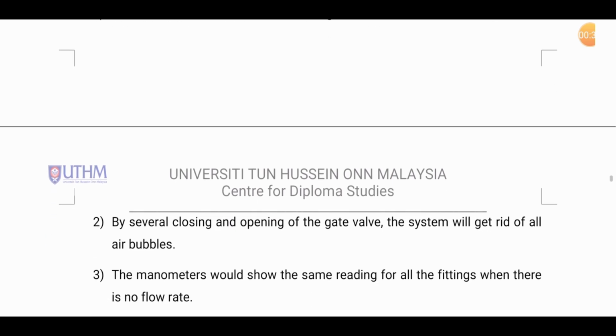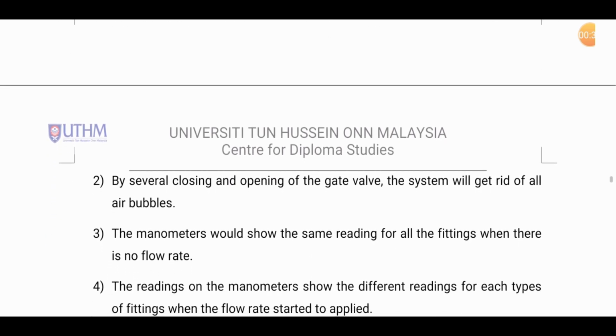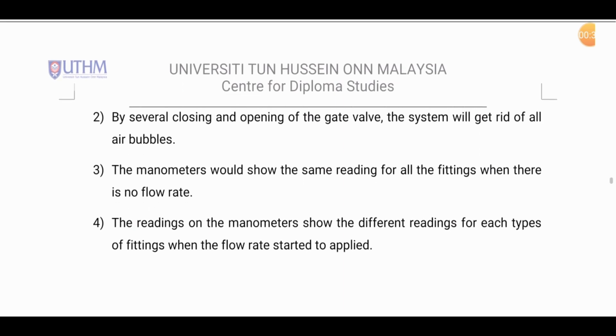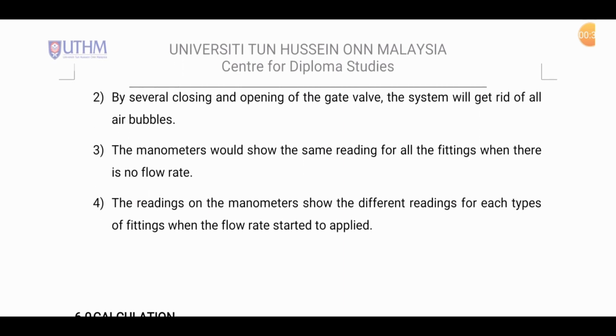The second thing we can observe is the closing and opening of the gate valve step in the procedure. This step makes the removal of air bubbles easier. It is a tip to remove the air bubbles.